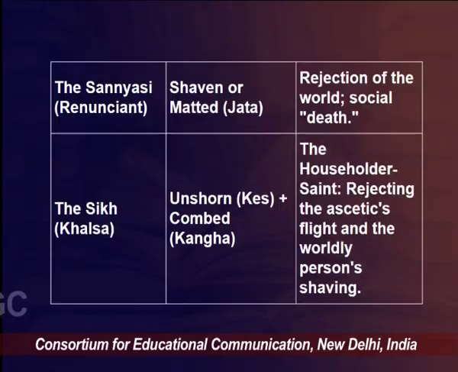So, when we look into the structural inverses, that is the Sikh versus the sannyasi, his argument is that the Sikh case, the unshorn hair, is a direct antonym of the sannyasi's treatment of hair. In medieval India's symbolic language, there were three ways to handle hair, each representing a special social grammar. One was the worldly householder, who would periodically shear and trim hair, and the symbolic meaning was subject to rules and norms.